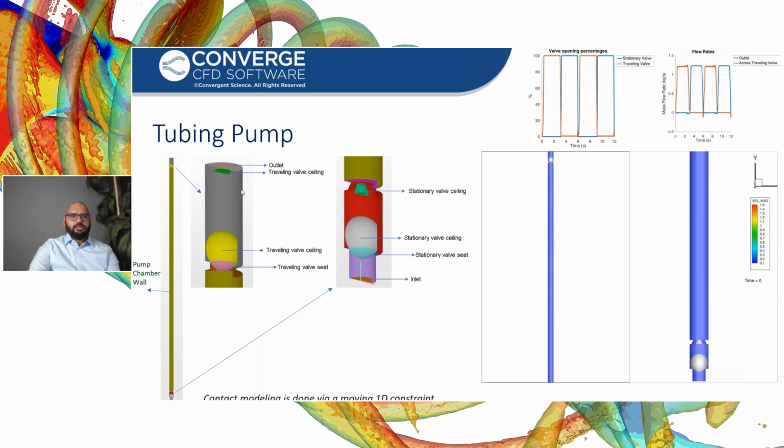As it goes down, the traveling valve opens, putting the fluid in, and then as it travels up, the stationary valve opens and the traveling valve closes. As you can see, as this goes back and forth, it can pull fluid from the bottom upwards. And here we are simulating both using CONVERGE, the stationary valve and the traveling valve.